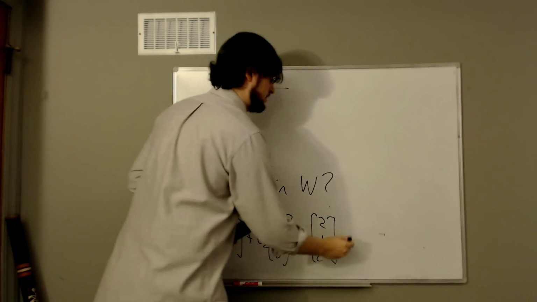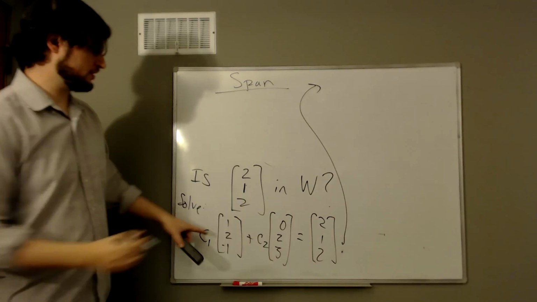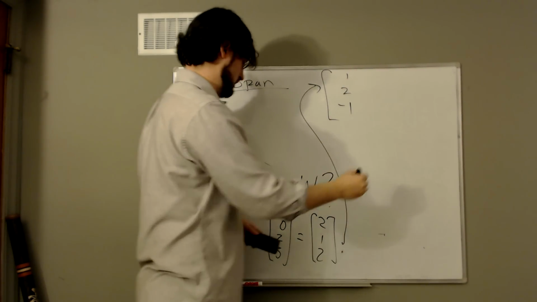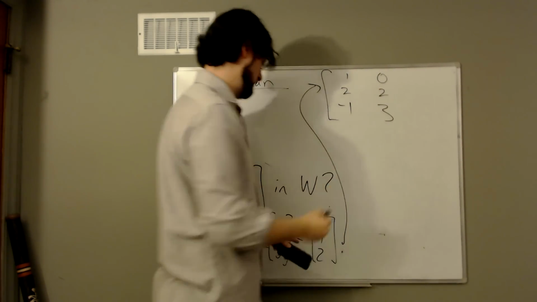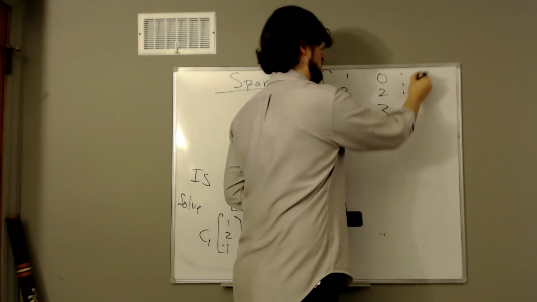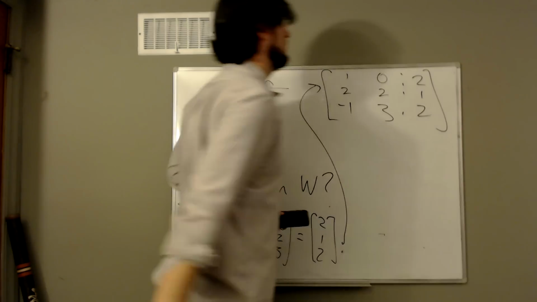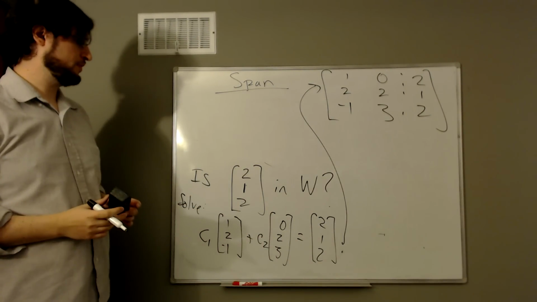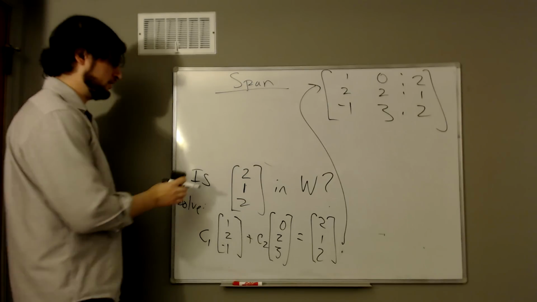This becomes the matrix 1, 2, minus 1, 0, 2, 3, 2, 1, 2, which then we need to row reduce and ask, does it have a solution? Solve for C1, C2.